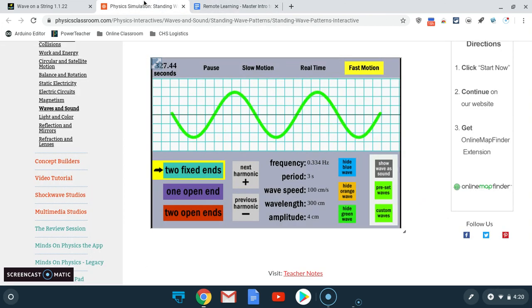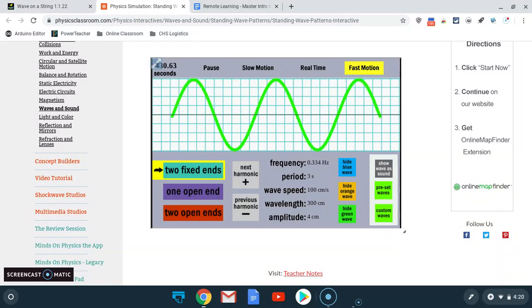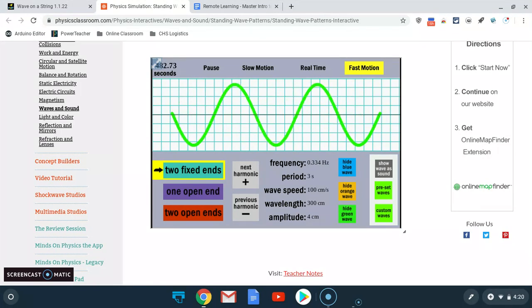So if we look at our simulation, everywhere where it looks like the wave is just kind of sitting there not doing anything. So in this case, it would be here, here, here, here, here, and here is what we refer to as a node. It's a place where the amplitude is always zero, okay? And it doesn't matter how it's set up. In a standing wave, a node always has an amplitude of zero.